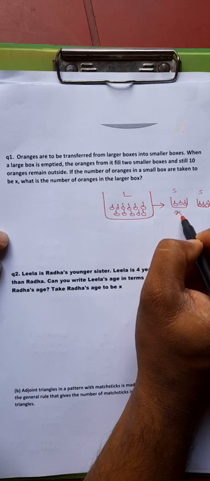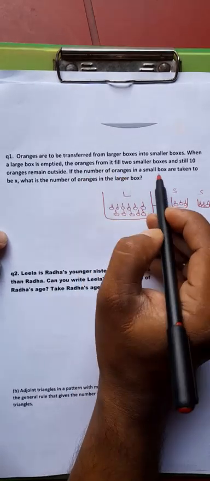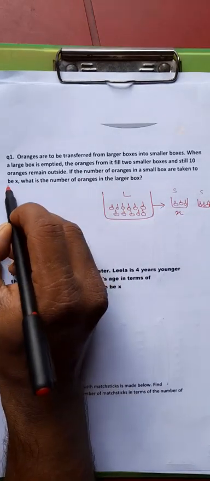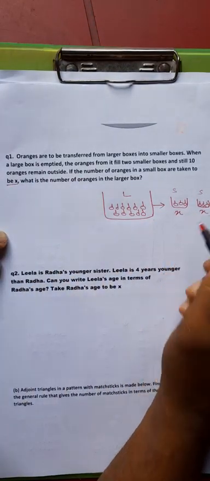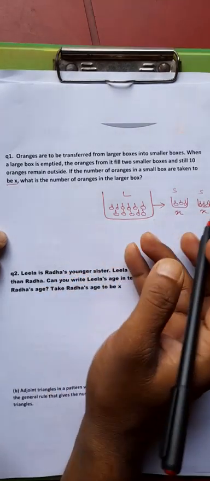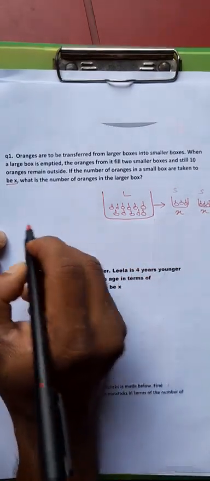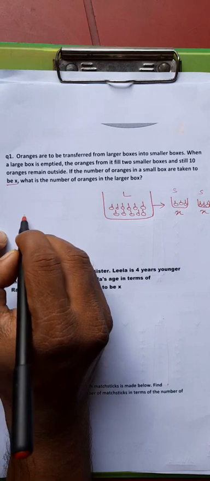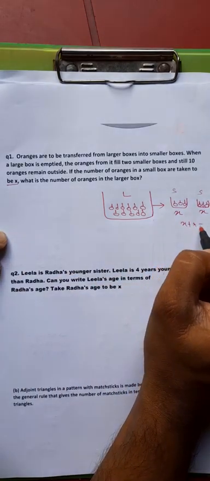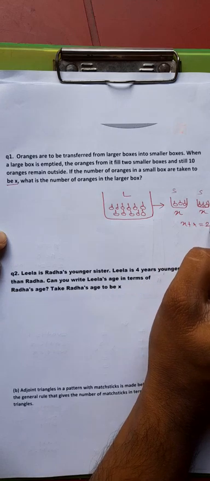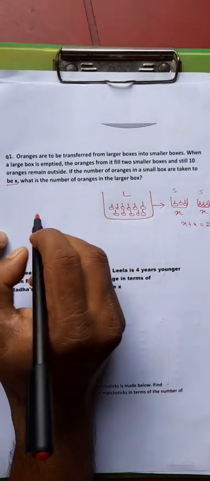Here it says if the number of oranges in a smaller box is taken to be x, this box can also hold x number of oranges. So we filled two smaller boxes. In two smaller boxes, how many oranges did we fill up? x plus x equal to 2 times x, right?